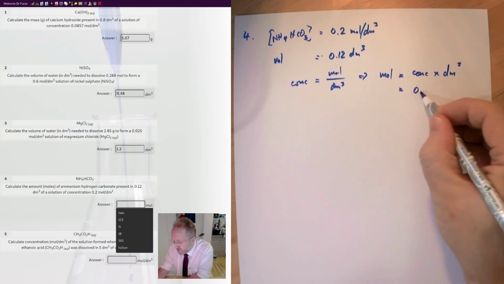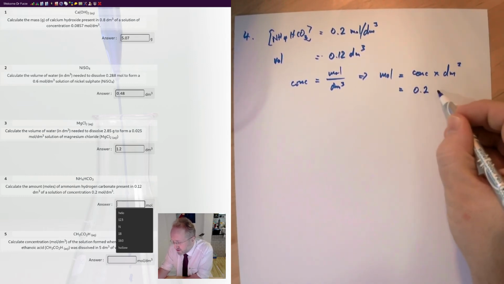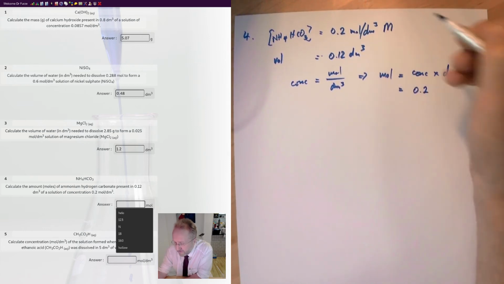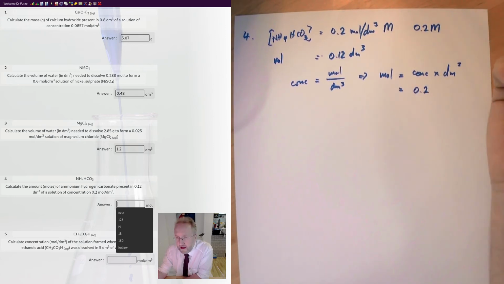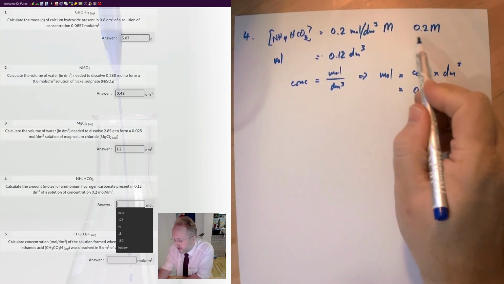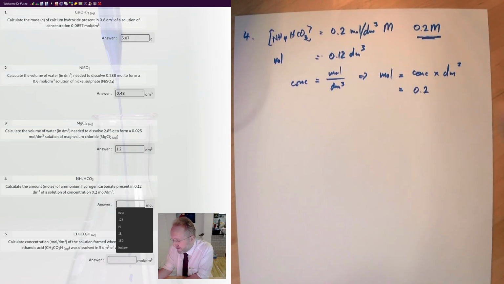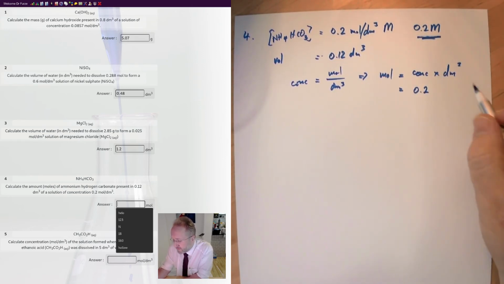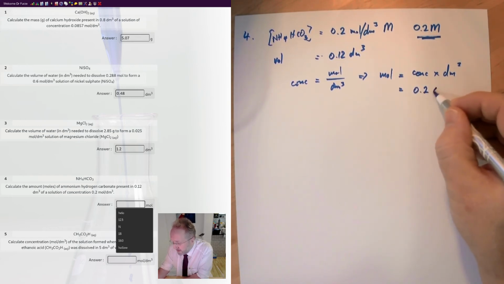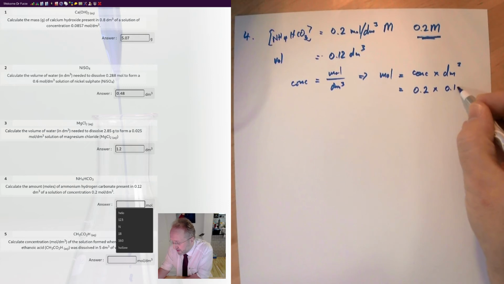So we've got 0.2 moles per decimeter cubed. Sometimes this is given the big symbol big M, so it might be written 0.2 M in older questions. This stands for molar. It's an older unit, but it means the same as moles per decimeter cubed. So 0.2 moles per decimeter cubed multiplied by 0.12 decimeters cubed.